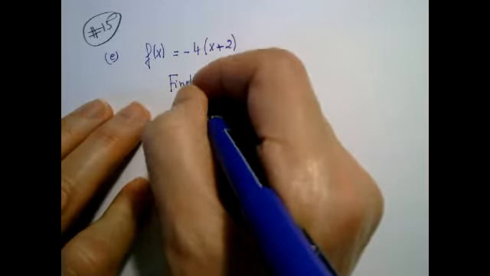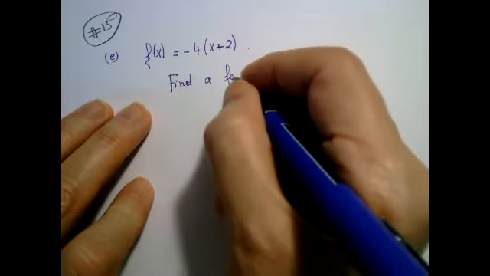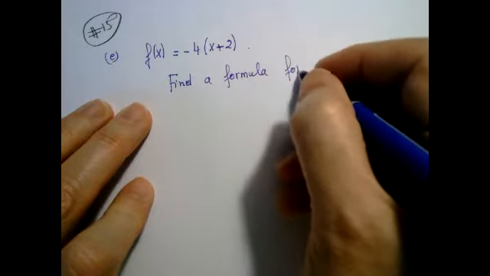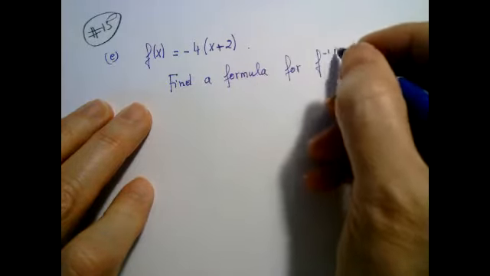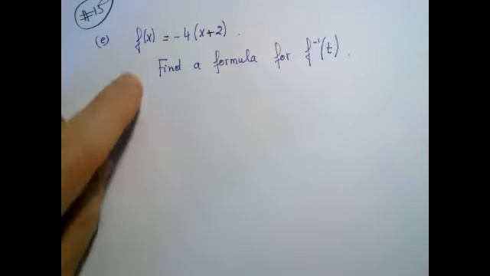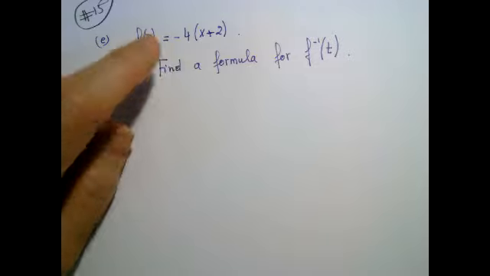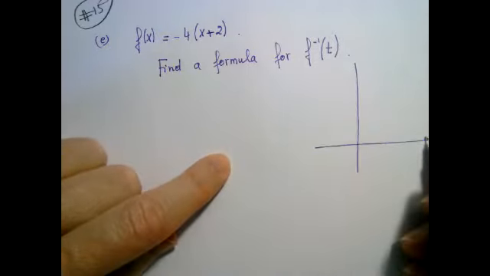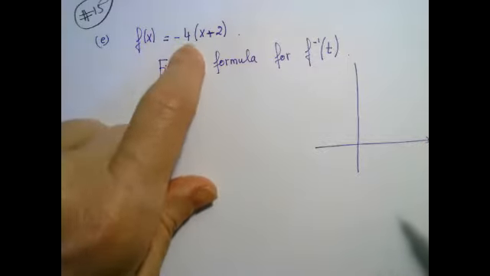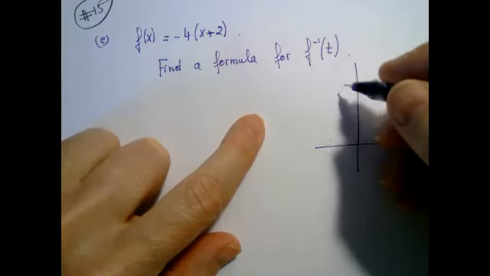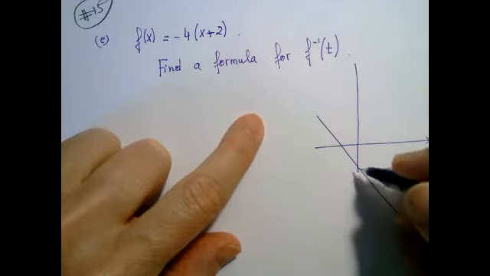So let us remember what it means. This is a function, f of x. If I graph it, just to remind you, I get a line with negative slope, something like that.